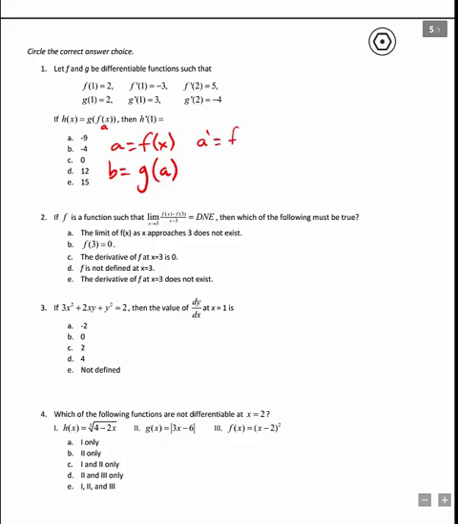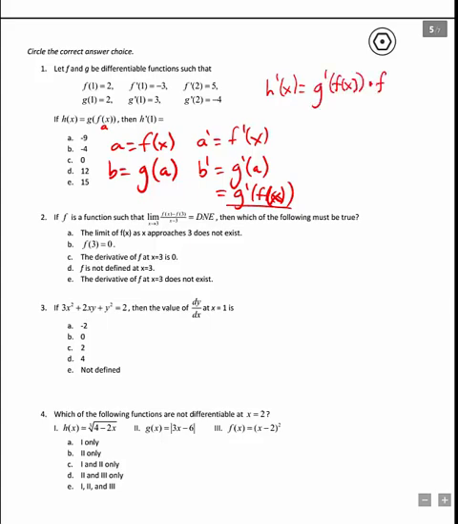That gives me a prime is equal to f prime of x, and b prime is g prime of a, which is g prime of f of x. So that means that h prime of x will equal g prime of f of x times f prime of x.